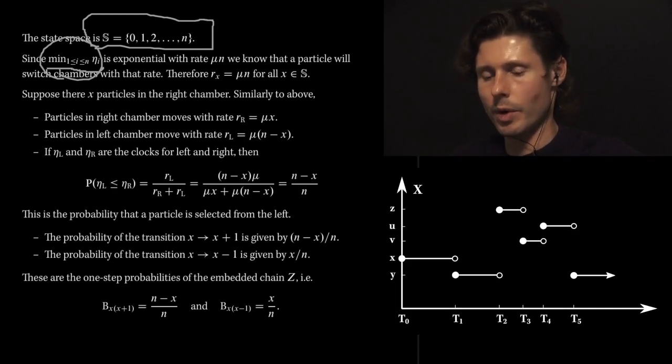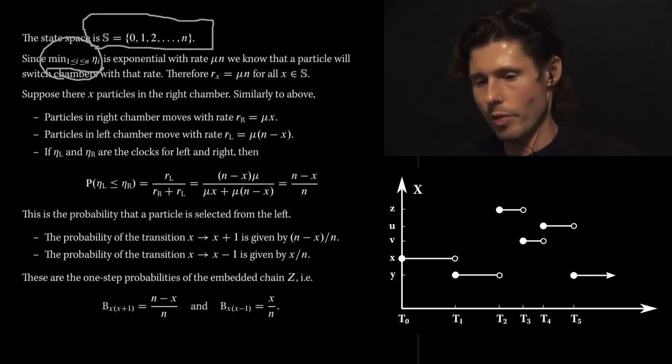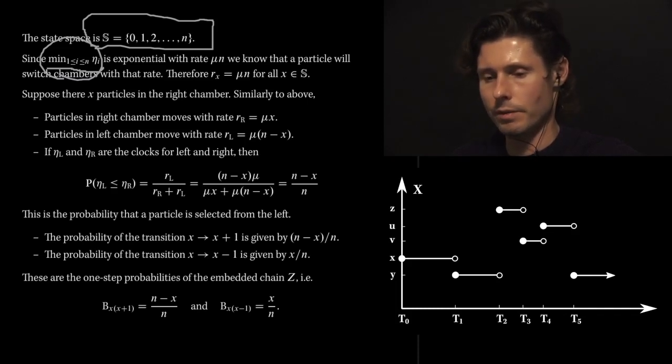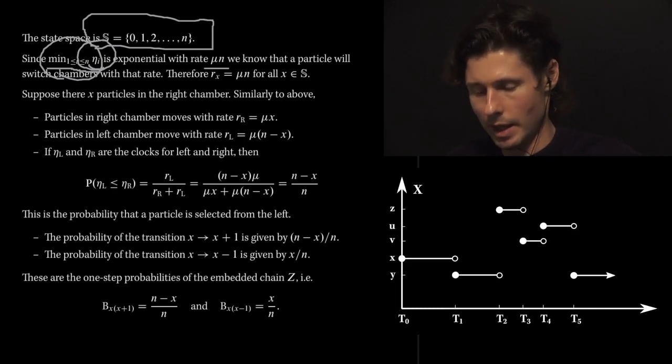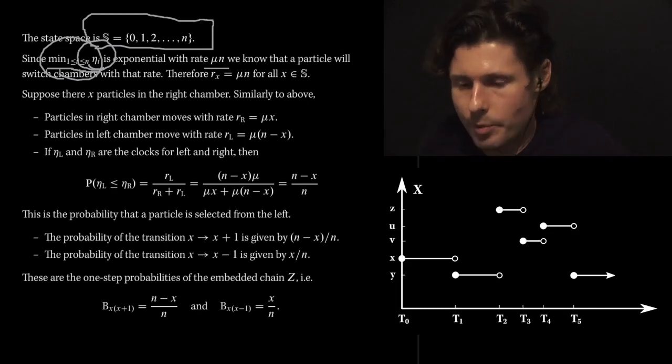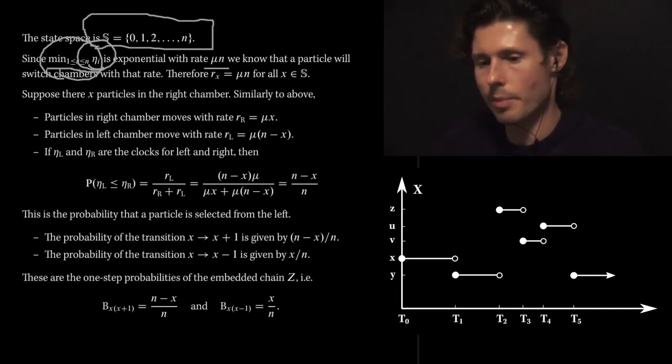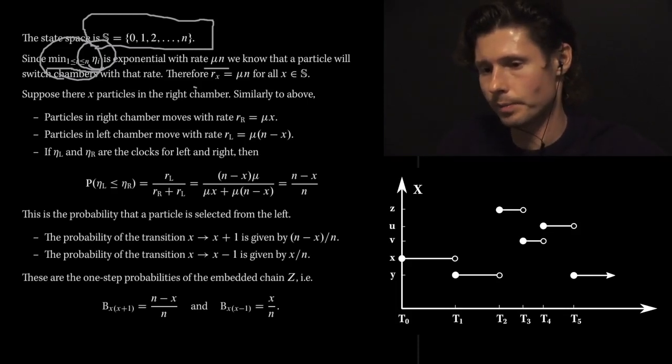The minimum of n exponential random variables is an exponential random variable with the rate that's the sum of the rates of the individual ones in this minimum, so the individual eta j. Each one has rate mu, so we sum up over them to get mu n. So we know that the next time that a particle, not any specific particle, but some particle, switches chambers is going to be exponential with rate mu n.